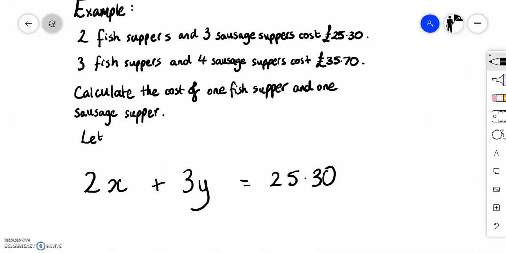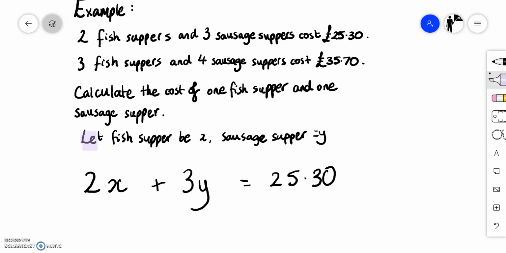So we're going to let a fish supper be x, and we're going to let a sausage supper be y. This is something that the SQA are sometimes on the lookout for. You might lose a mark for not saying what your x and your y are.